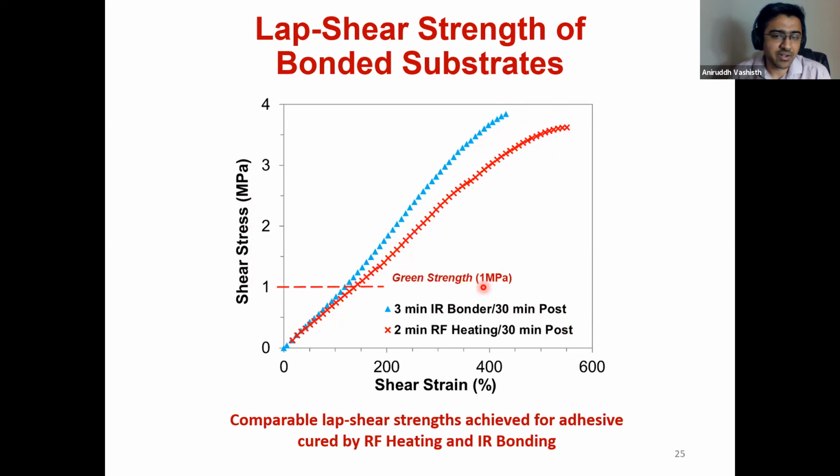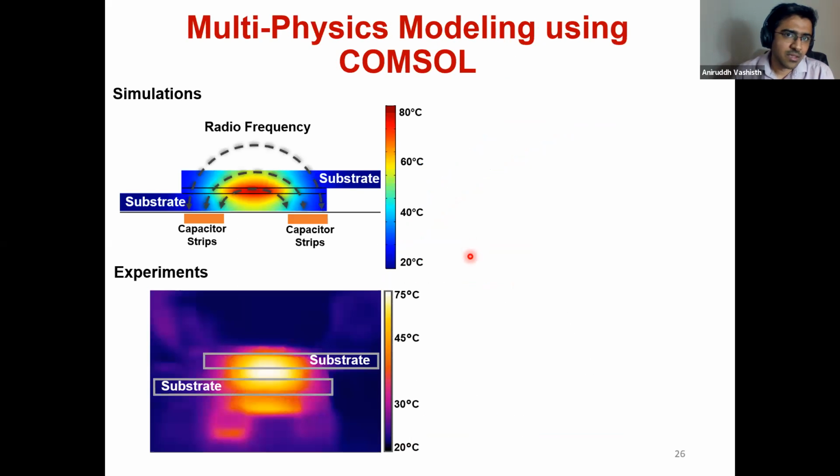So we can confidently say that we were able to heat the adhesive and basically bond the 2 plastics together using RF heating. We also carried out multiphysics modeling using COMSOL.